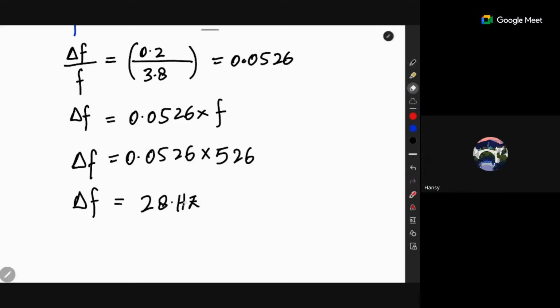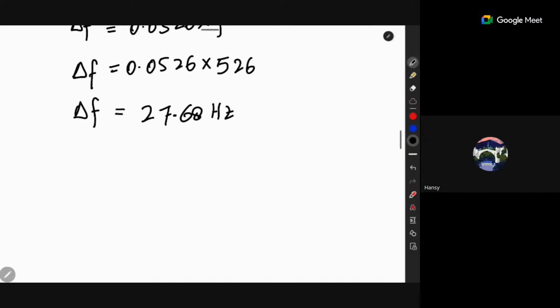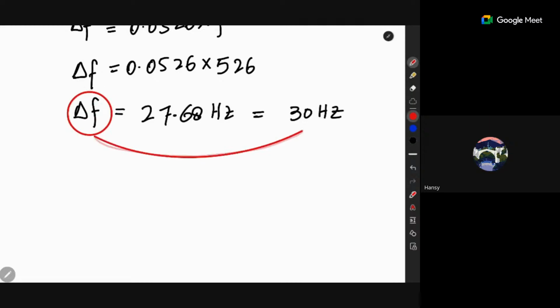Okay, 27.68 hertz. Now this is what you can round off to 30 hertz, right? Because the absolute uncertainty is rounded off to one significant figure. We have studied this rule, Abdullah, haven't we? That it will be rounded off to one significant figure. Yes, sir. Is this clear to everyone?